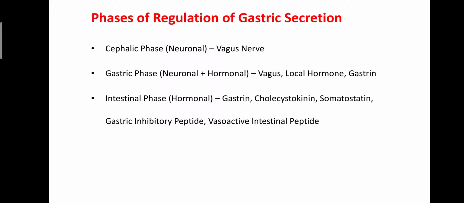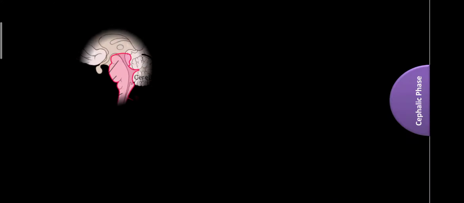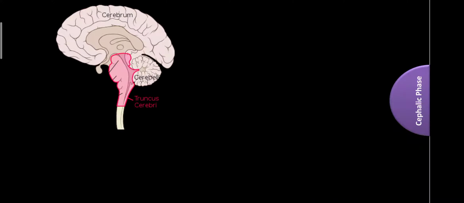So now we learn the phases one by one regarding the regulation of gastric secretion. First phase, cephalic phase. The cephalic phase is mainly regulated by the cerebrum. Cerebrum is the main part of the brain.